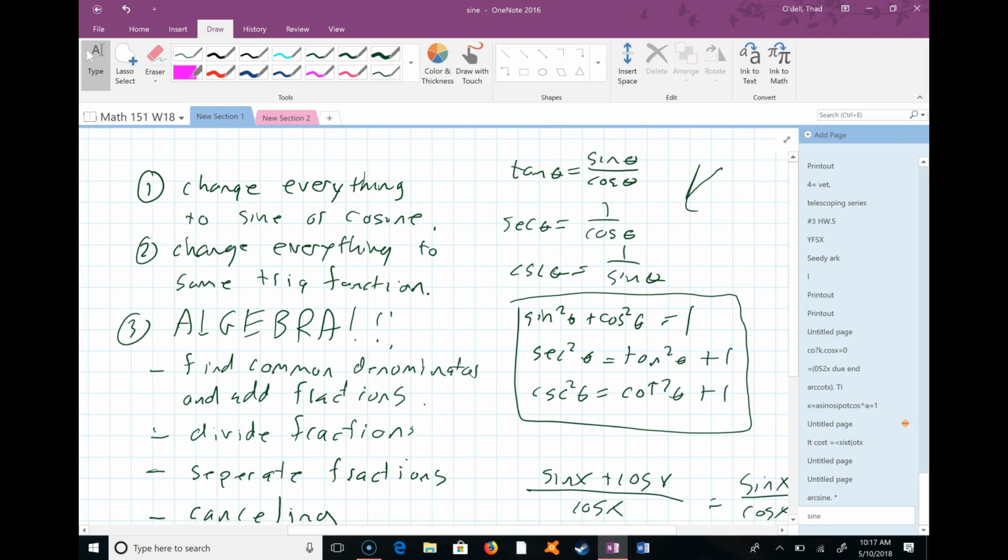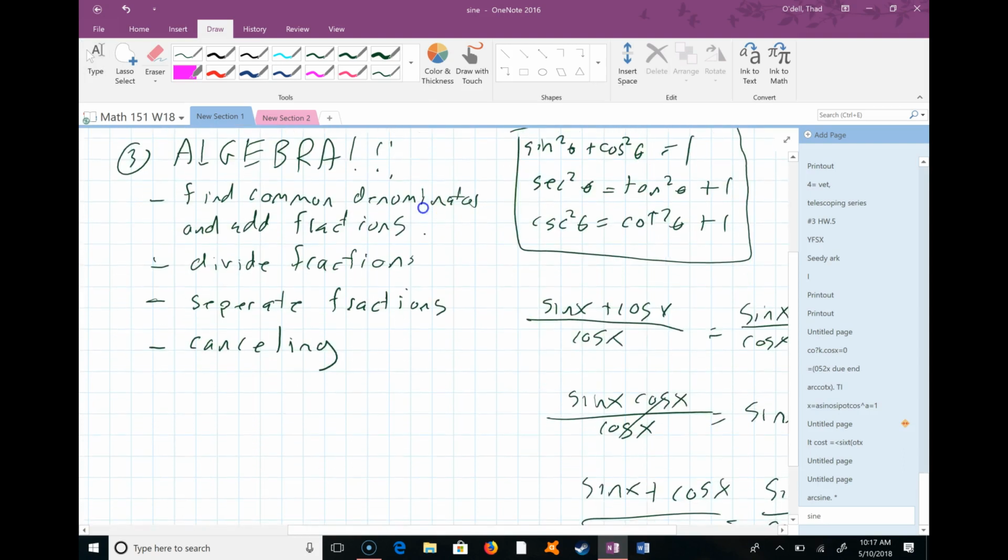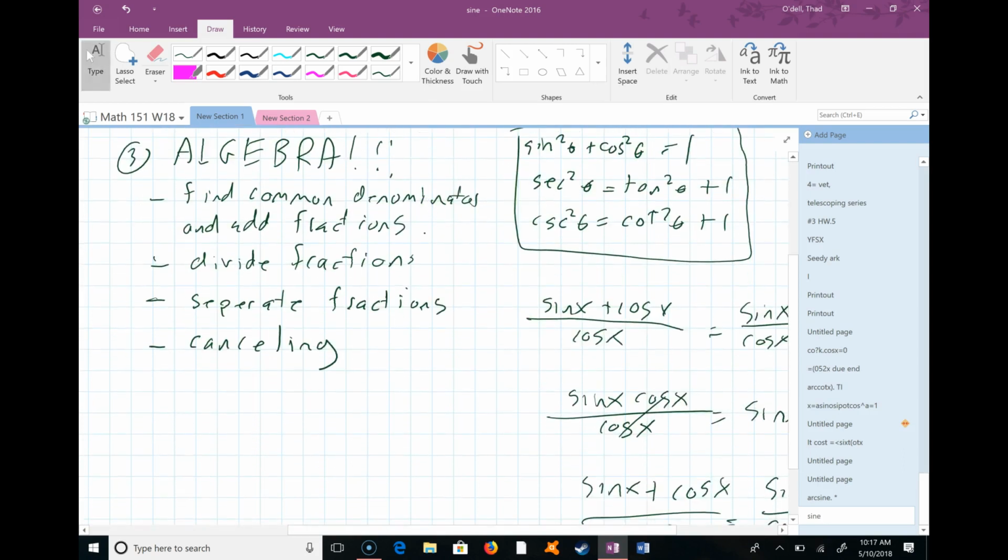If there's 2 fractions that have a common denominator, it makes sense to just add them together. Or if we have 2 fractions that don't have a common denominator, but the other side is just one term, it makes sense to get a common denominator and add them together, right? So you just look at what presents itself, and you make one of these algebra moves. Okay? There's some more obscure algebra moves that we might use occasionally, but these are the main ones that you use all the time. Okay?